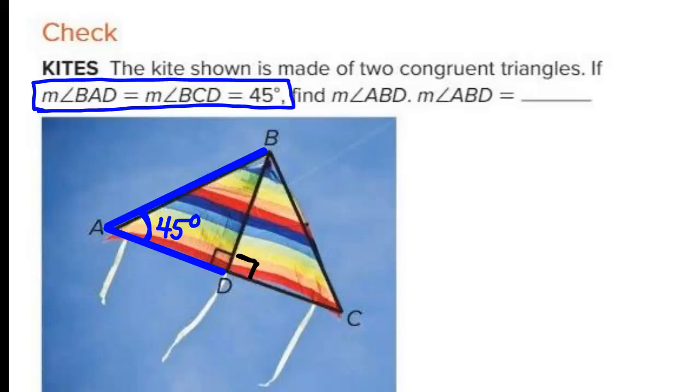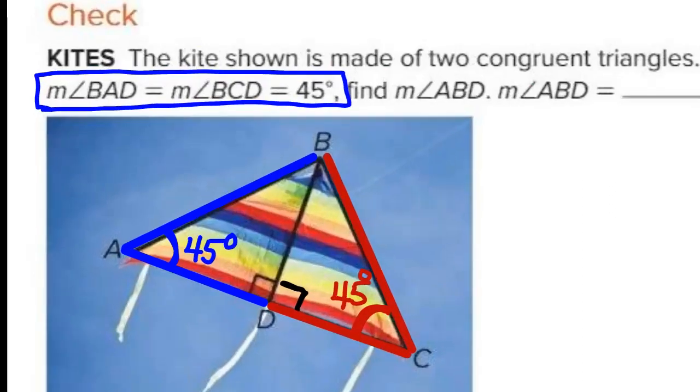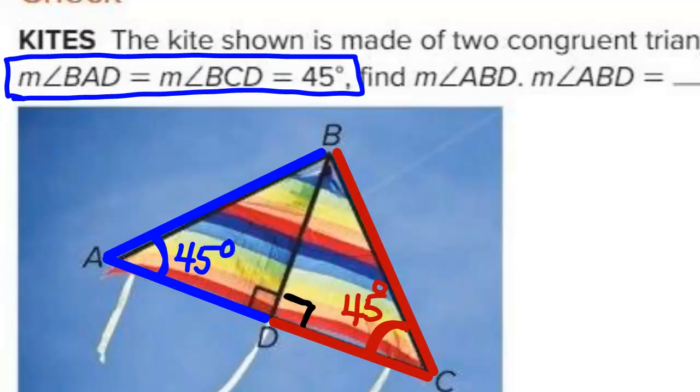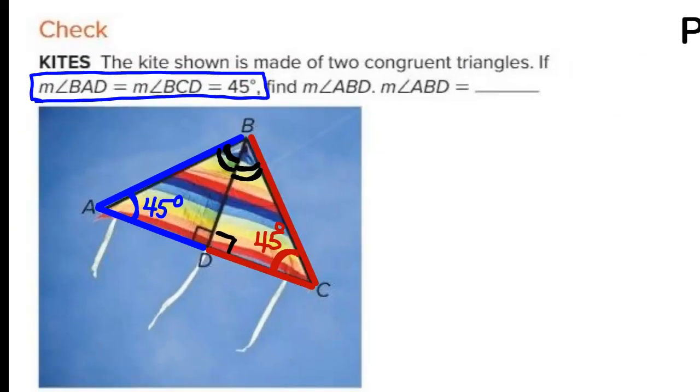And they tell me that BCD, so B down to C and back over to D, this angle right over here is also 45 degrees. Do I have two pairs of congruent angles? Yes. So that means that these angles up at the top, ABD and CBD, would have to be congruent.